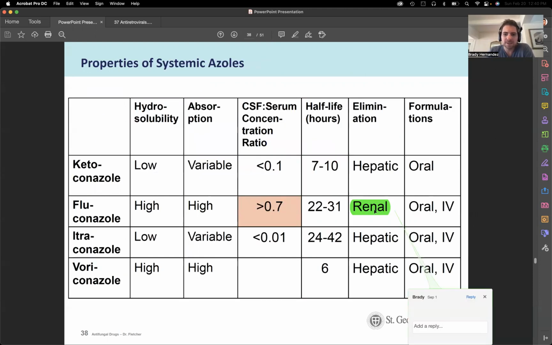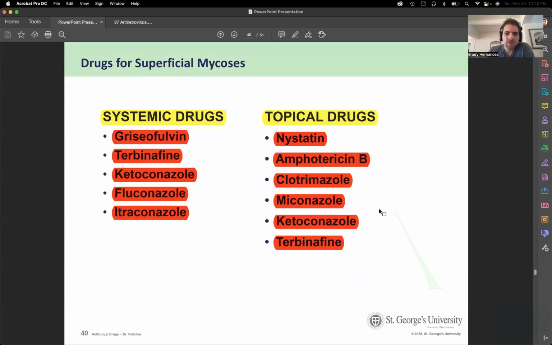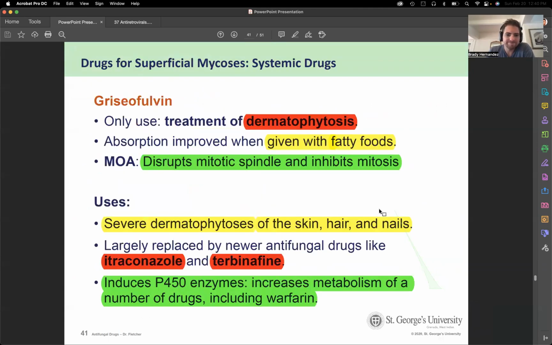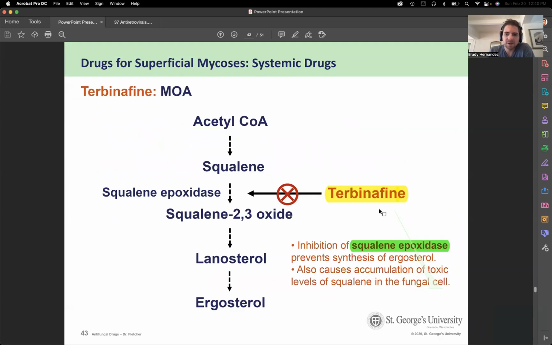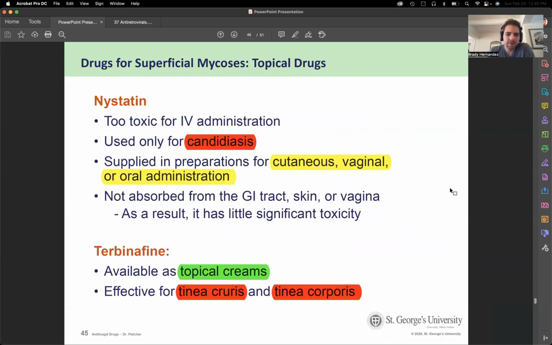And then fluconazole is specific for renal elimination, or clearance. All right, so some of these other ones, again, weren't super high yield. I would know the names and how they work, but beyond that, you should be okay. Nystatin, candidiasis, yeah.